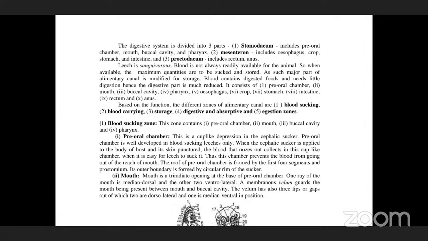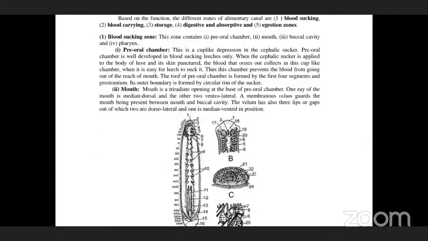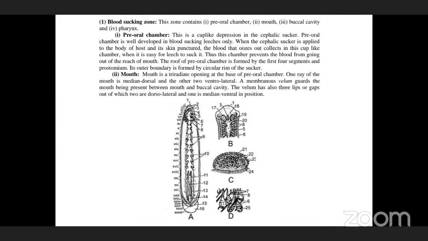Then the mouth is a triradiate opening just below the preoral chamber. One ray of the mouth is median dorsal and the other two are ventrolateral. The membranous velum is present between the mouth and the buccal cavity, and the velum has three lips or gaps, two dorsolateral and one median ventral.